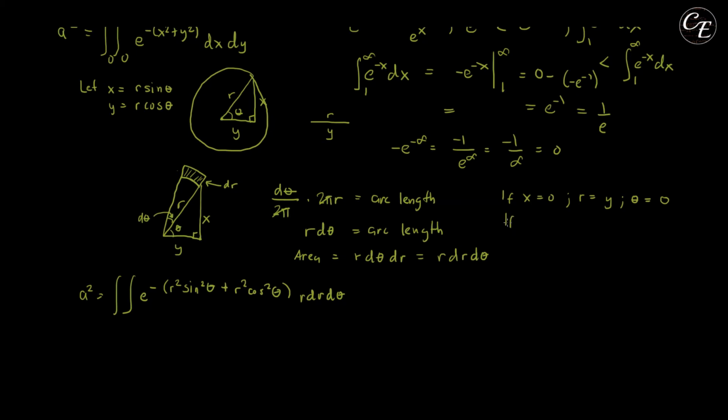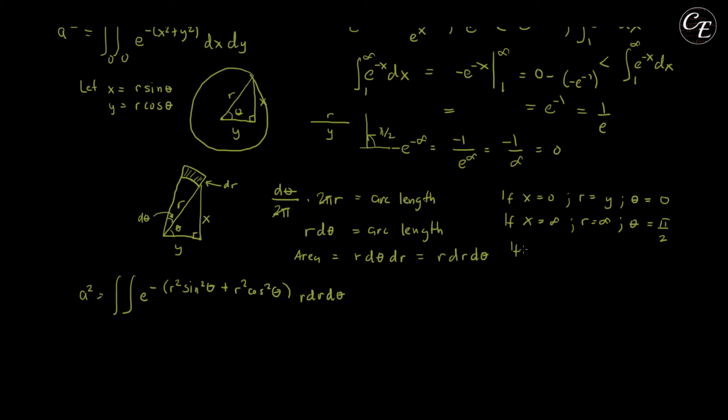Now if x is infinite, so this one is infinitely long, so our figure will be just an infinite vertical line. So r will be infinity, and angle is, this is 90 degrees. So we have here pi over 2 radians.